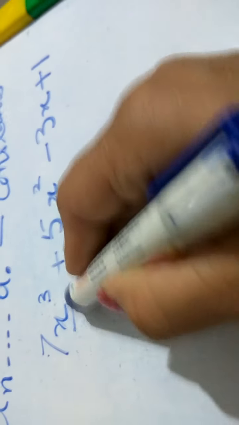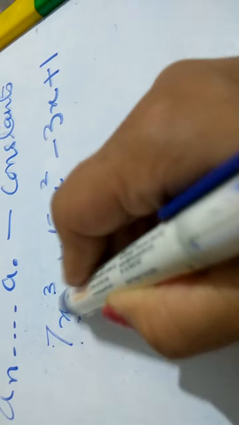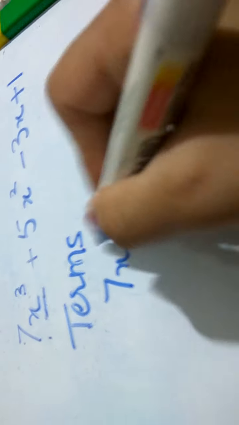Now this is the variable and the constant with the variable is called its coefficient. Let's identify the terms. The terms of this polynomial are 7x cube, 5x square, minus 3x and 1. So, what are the variables in these terms?